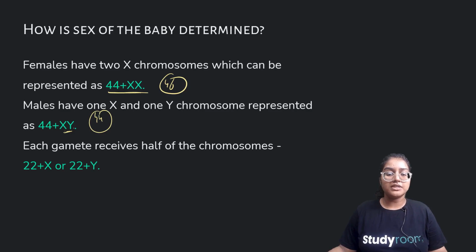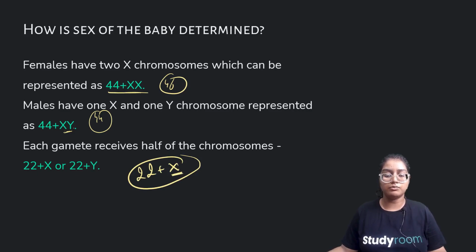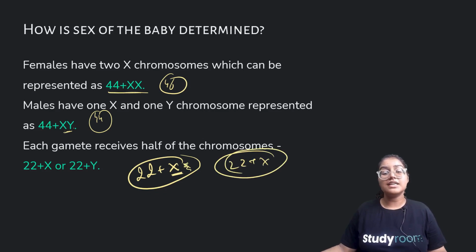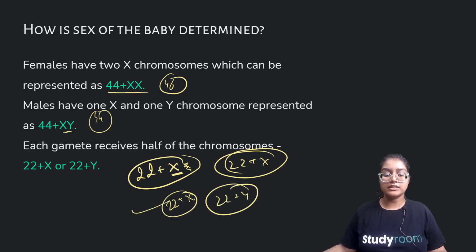Each gamete receives half of the chromosomes. So what happens in this case? We receive 22 plus X. It is definite that we'll receive X from our mother because she has the same two sex determining chromosomes, XX. When it gets divided in half, it takes the same pair, 22 plus X, 22 plus X. Whereas in the case of the male, the deciding factor is which gamete is going to fuse with which: 22 plus X and 22 plus Y. When the X fuses with the egg, it makes 44 plus XX.